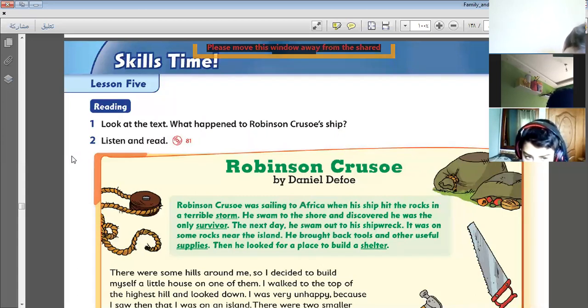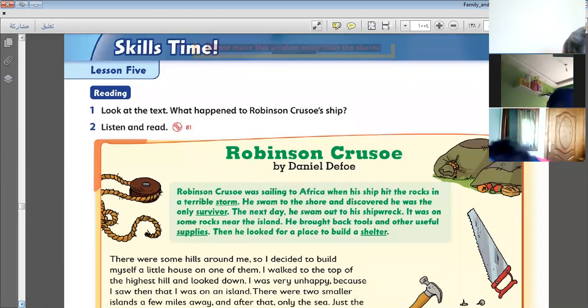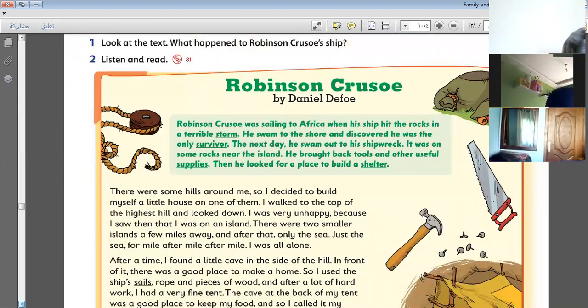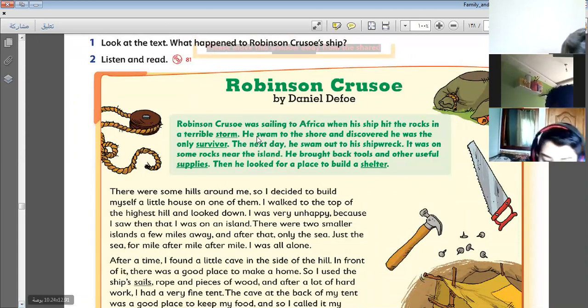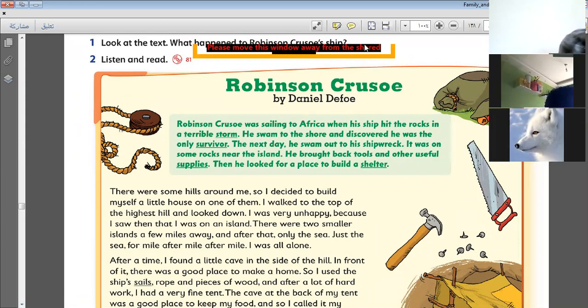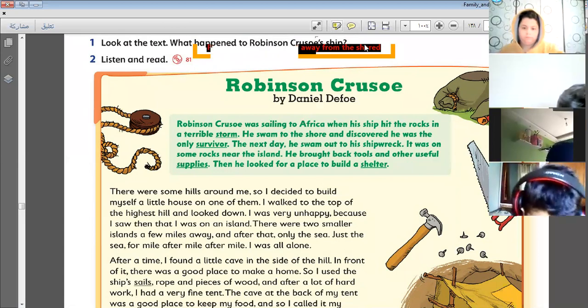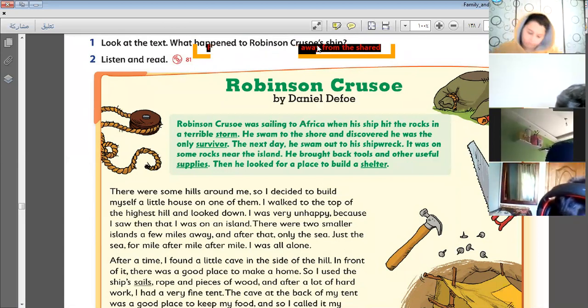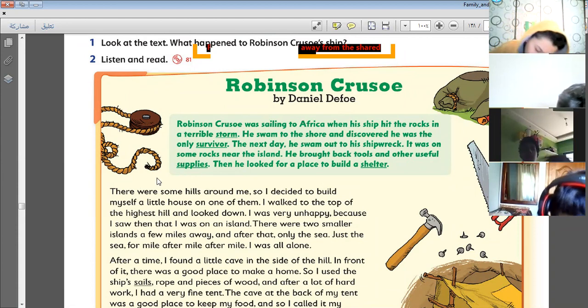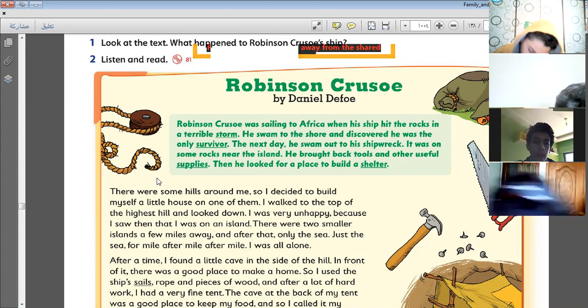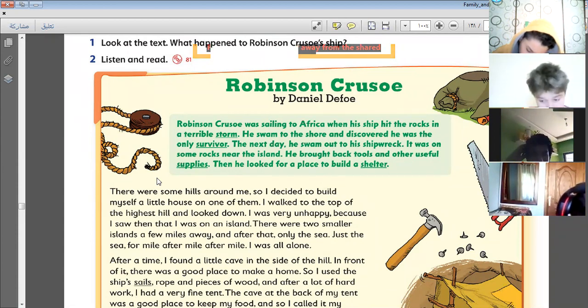Look at the text. What happened to Robinson Crusoe's ship? So Robinson Crusoe was sailing to Africa when his ship hit the rocks in a terrible storm.